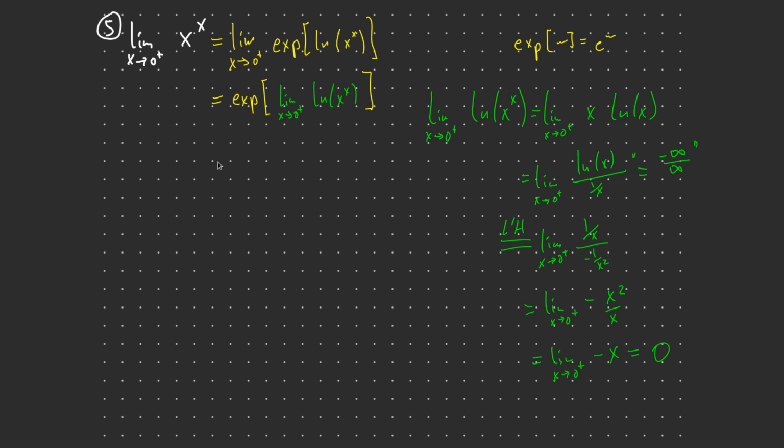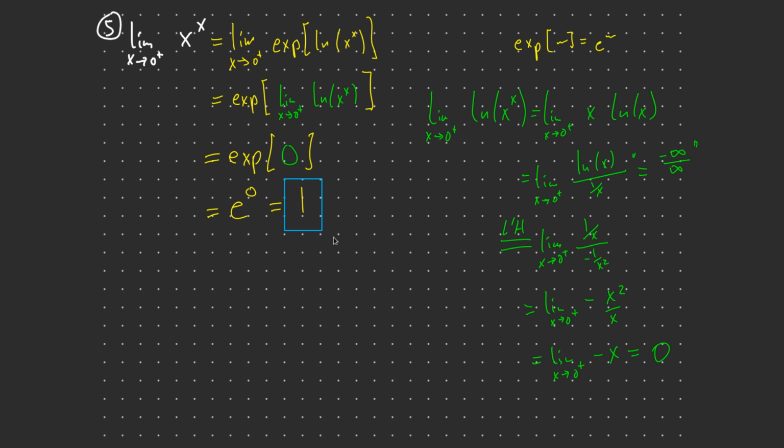So our final answer is the exponential of this answer that we got in green, which was 0. Okay? And more simply, the exponential at 0, we could just say that's e to the 0, which is 1. And that there is our final answer, okay, for this limit.